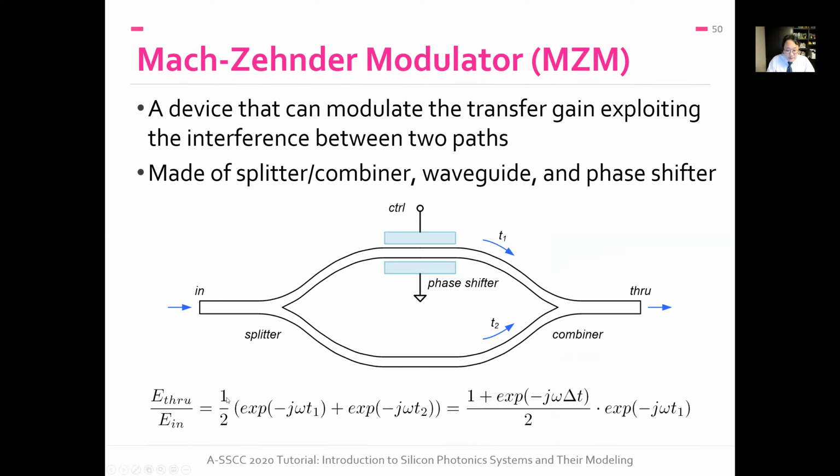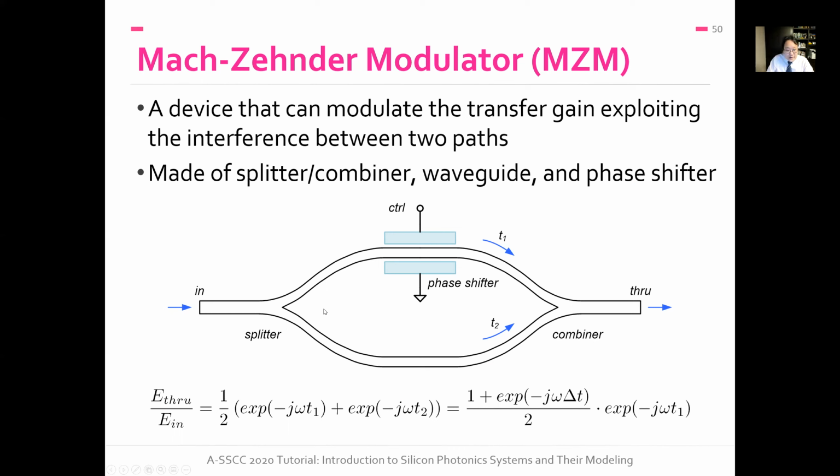The structure shown on this slide is called a Mach-Zehnder modulator, or in short MZM. This is another device that can modulate the transfer function between the input port and the through port, depending on some control voltage. It's made of two Y branches. The first one is acting as a splitter. The second one is acting as a combiner.